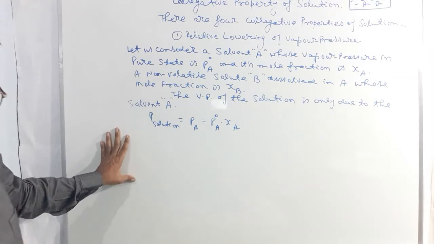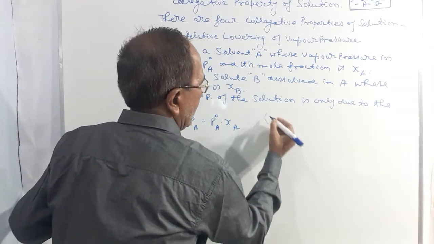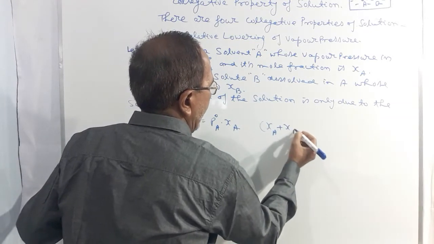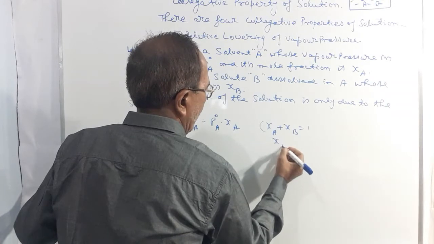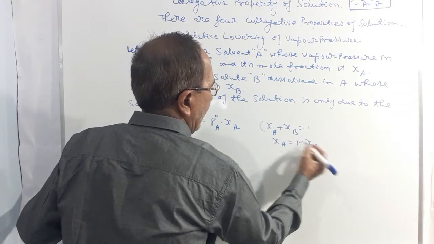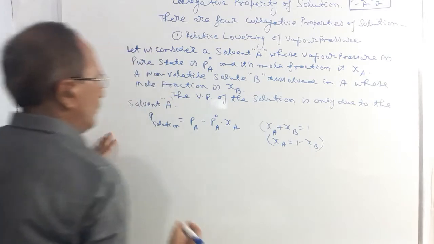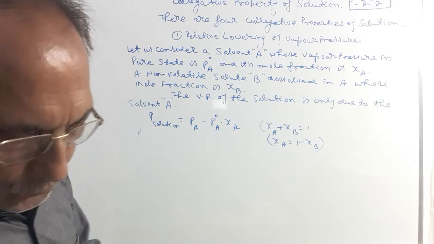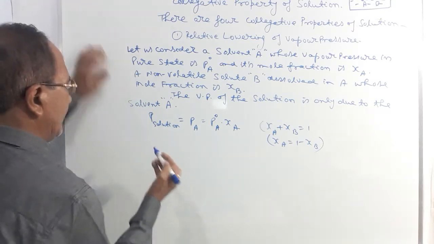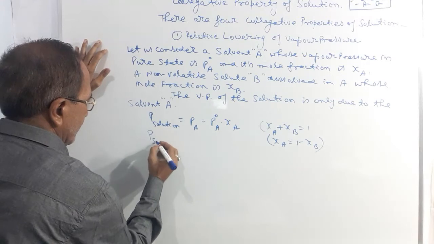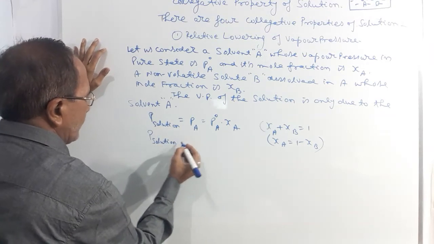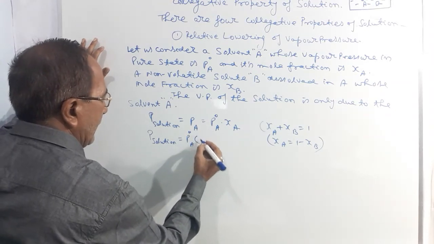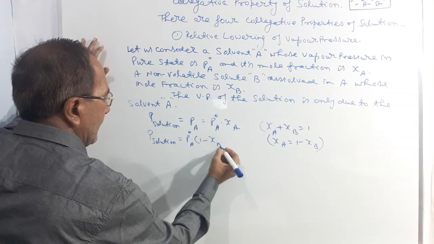Now, since XA plus XB is equal to 1, XA is equal to 1 minus XB. We can write P solution, the total pressure of the solution, is equal to P naught A into 1 minus XB.